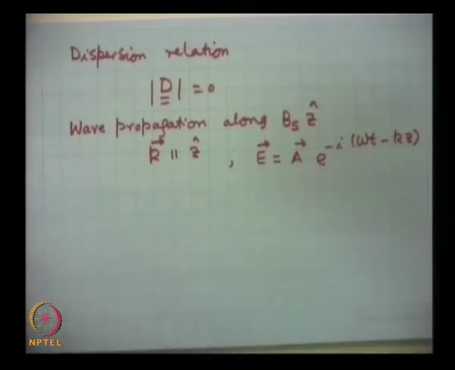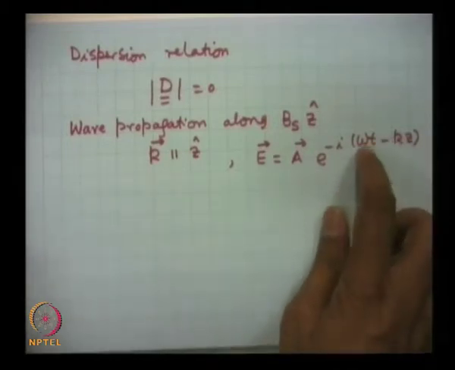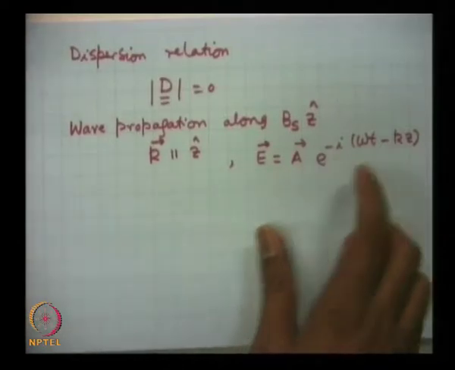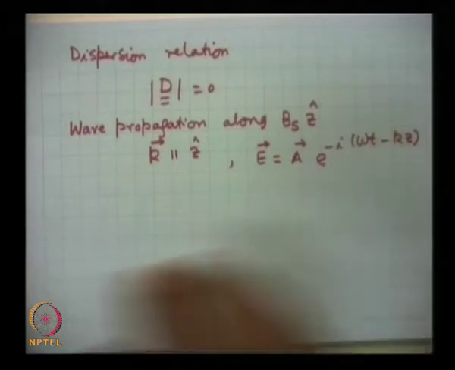Let us see whether k depends not only on omega, but also on the relationship Ax has with Ay and so on, or is it independent of this relationship? Let us examine this issue.